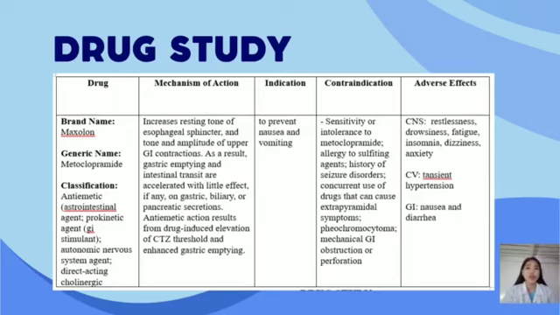So it is indicated to prevent nausea and vomiting since the patient is vomiting. It is contraindicated for sensitivity or intolerance to metoclopramide, allergy to sulfating agents, history of seizure disorders. Its adverse effects include restlessness, drowsiness, fatigue, transient hypertension, and nausea and diarrhea.